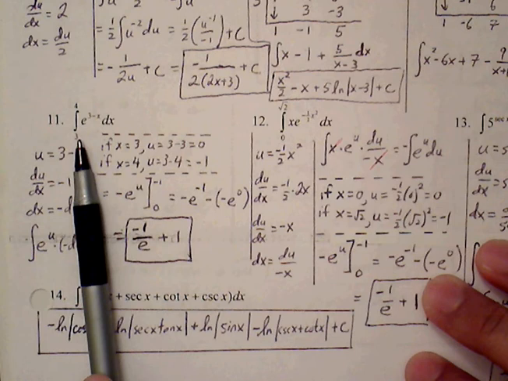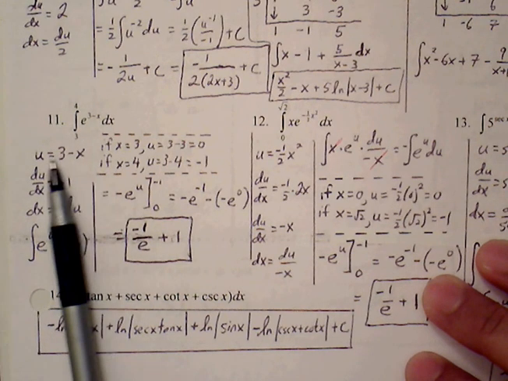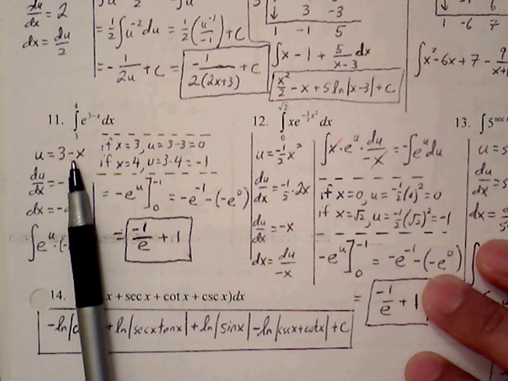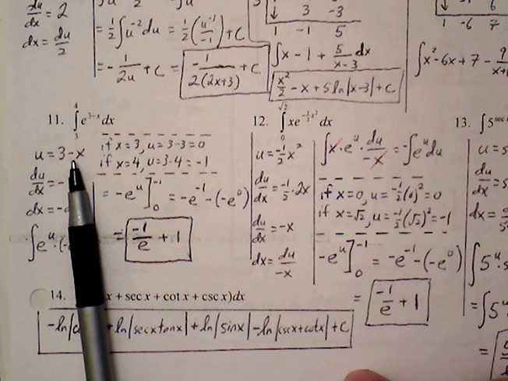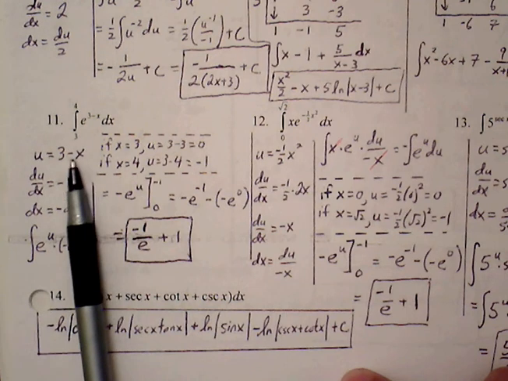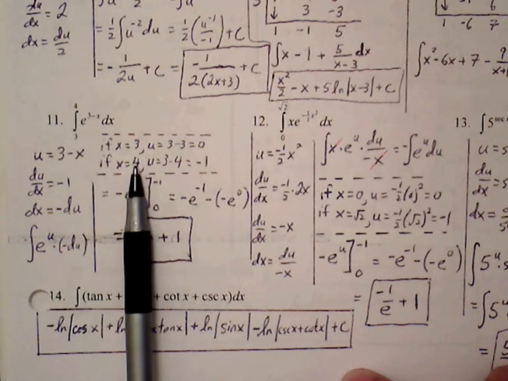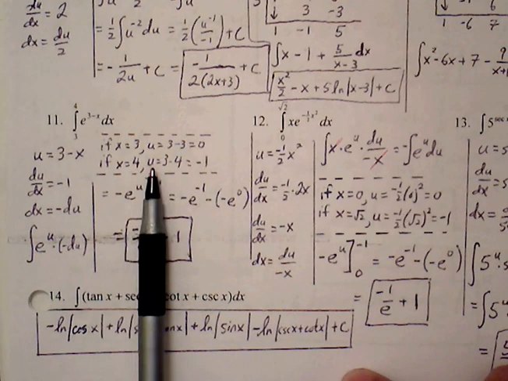So we have to use the assignment that relates u and x, so we can plug in. So lower bound was initially 3, so plug 3 in for x. 3 minus 3 is 0. Our new lower bound is 0. Plug 4 into our assignment. 3 minus 4 is negative 1, so our new upper bound is negative 1.